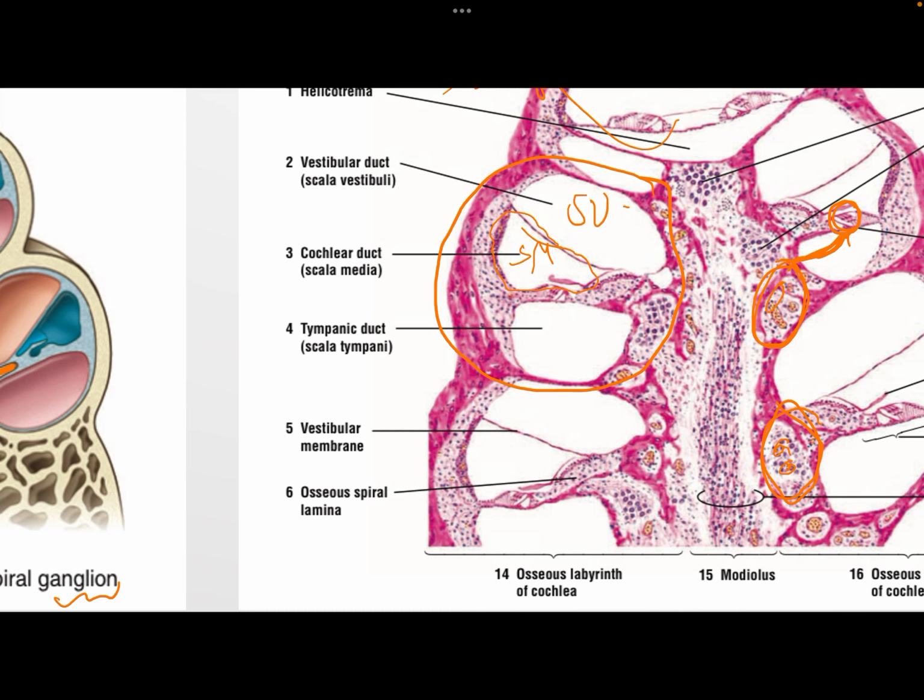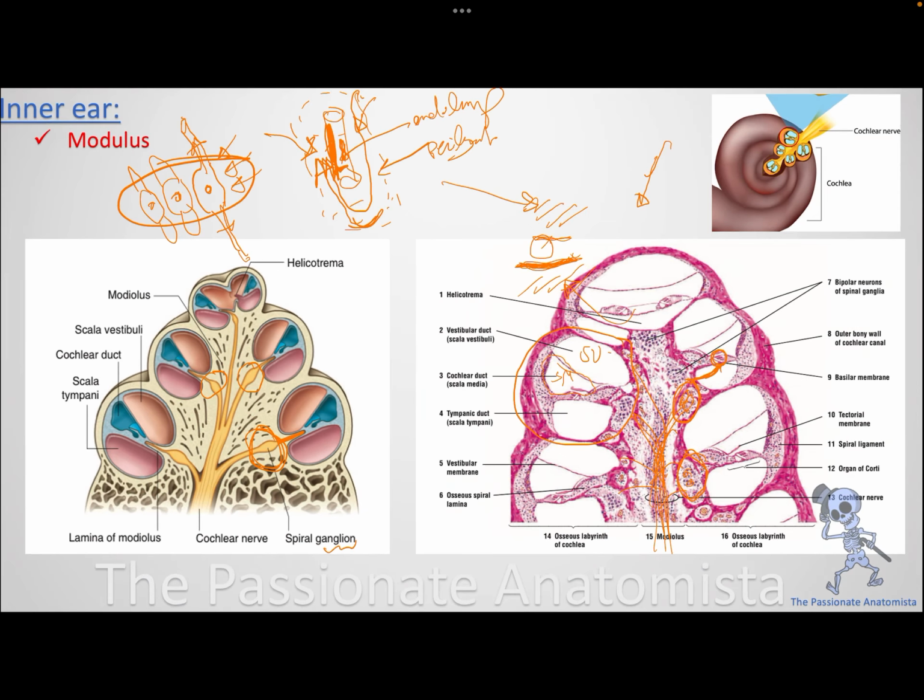Here we have the cell bodies of the bipolar neurons, and from there you receive all the axons of the spiral ganglion in the modiolus of your cochlea, all the way through the cochlear nerve, through the internal acoustic meatus, to the cochlear nuclei present in the brainstem.